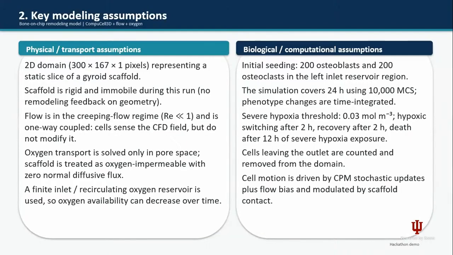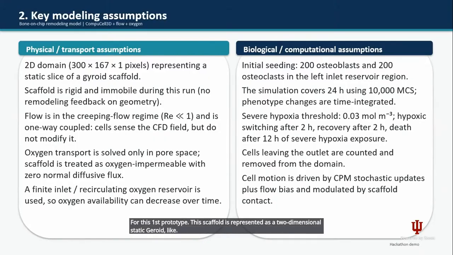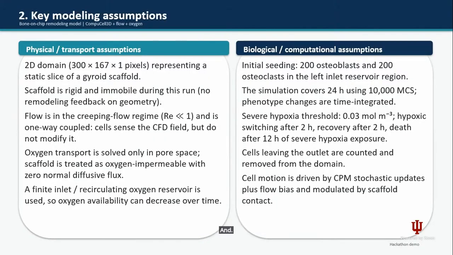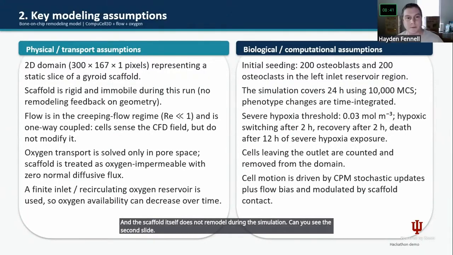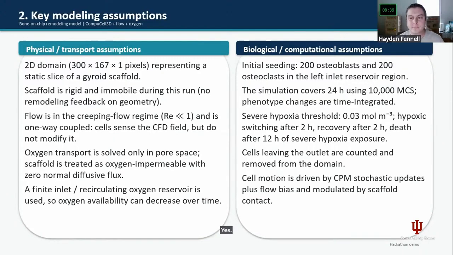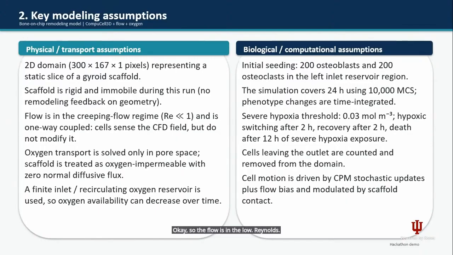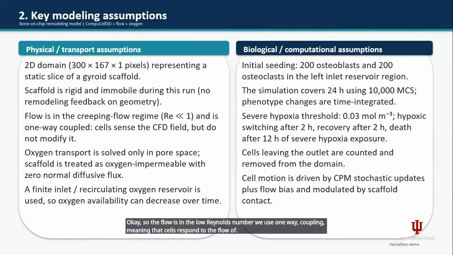For this first prototype, the scaffold is represented as a two-dimensional static gyroid-like section, and the scaffold itself does not remodel during the simulation. Can you see the second slide? Yes. Okay. So the flow is in the low Reynolds number. We use one-way coupling, meaning that cells respond to the flow field, but they don't modify the fluid dynamics.